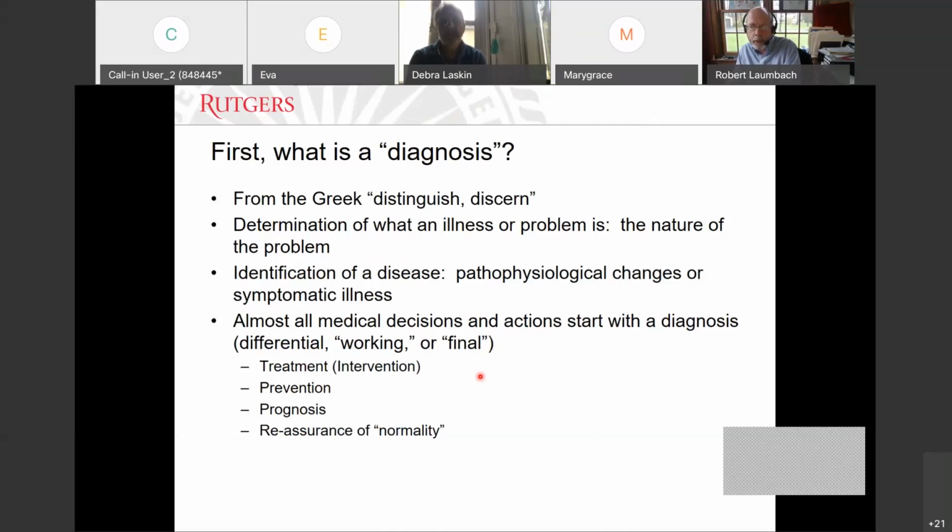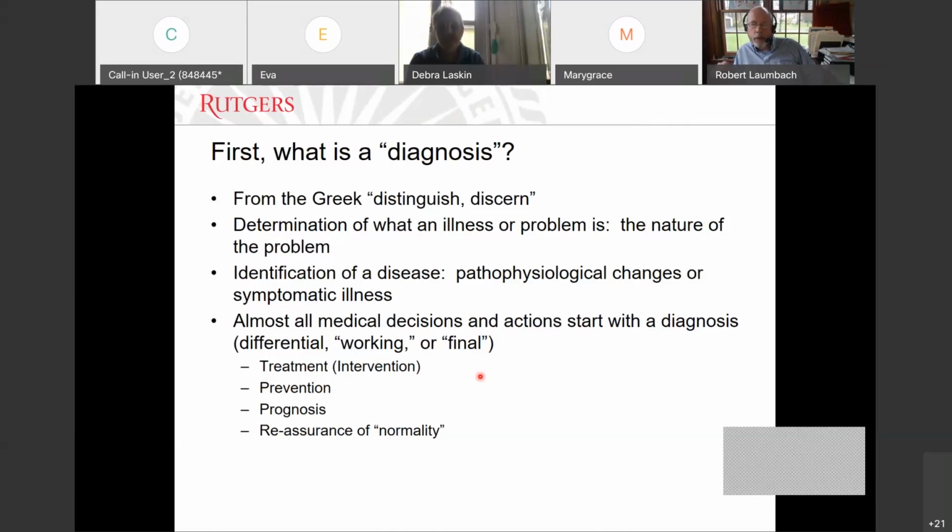And that's important because a lot of things we do in medicine are about making decisions in the face of uncertainty. And a lot of it has to do with making predictions, like the ultimate outcome of a treatment or what will happen in the future with prognosis.